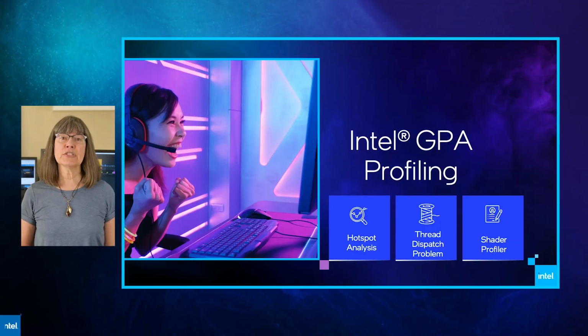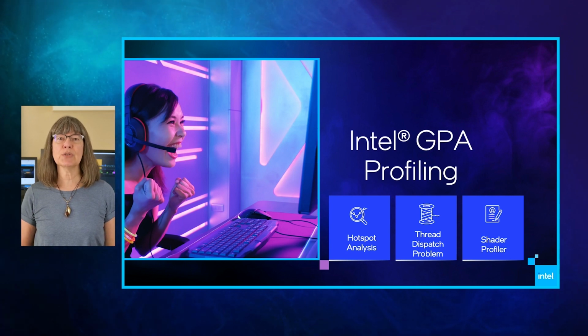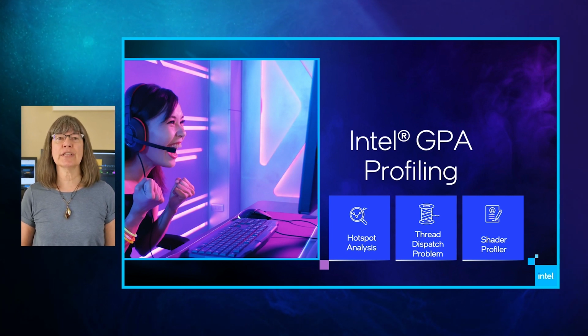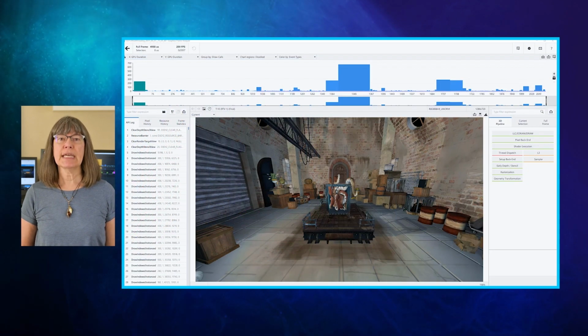Now that we have some understanding of the EU architecture, let's look at how that manifests in a profiler. While it's important to understand how the GPU works and what the metrics mean for efficient profiling, you don't need to analyze each draw call in your frame manually in order to understand the problem type. To help with this sort of analysis, Intel GPU provides an automatic hotspot analysis mode.